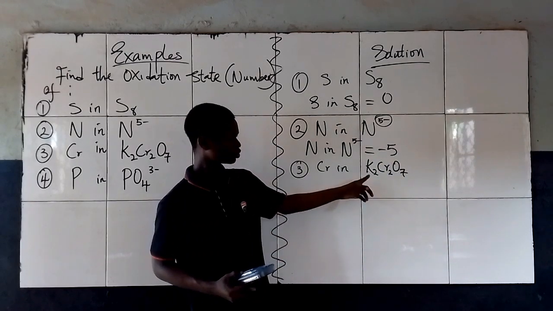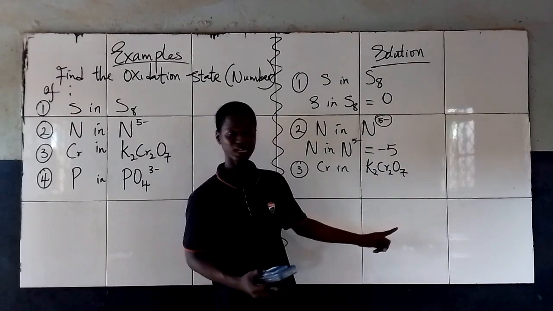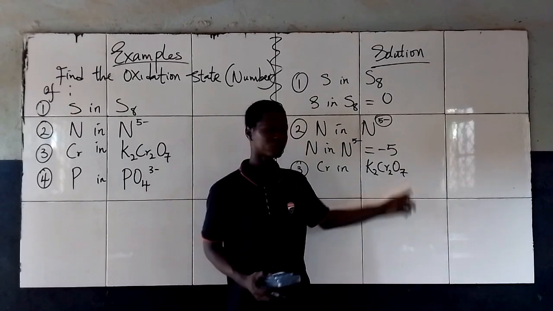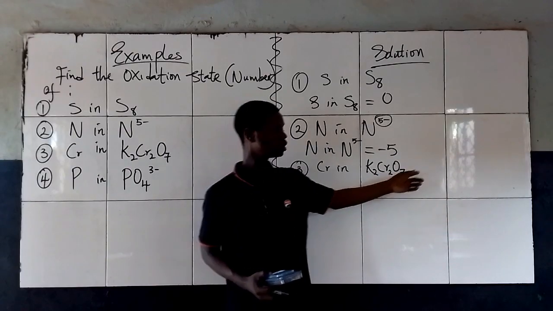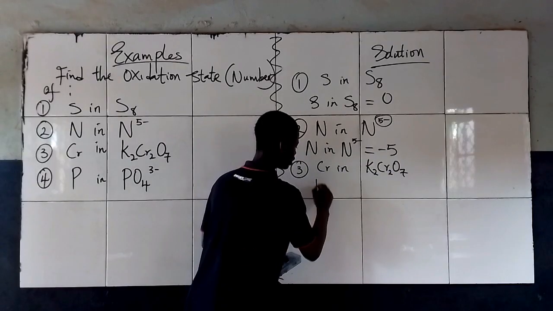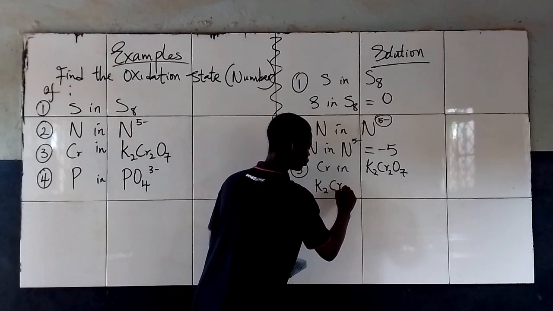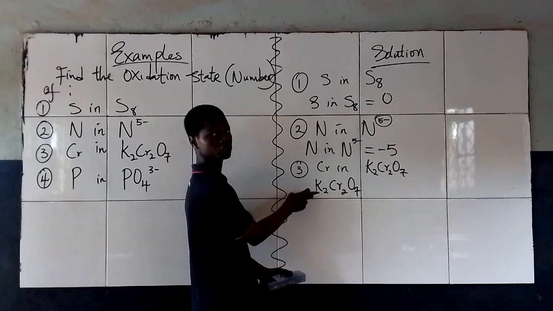So how do we solve this? What is the compound? You have K2Cr2O7. In this compound you have potassium, you have chromium, and you have oxygen. So when we sum up their individual oxidation states, we should equate it to 0. This is how you do it. K2Cr2O7. Now in this compound, how many atoms of potassium?